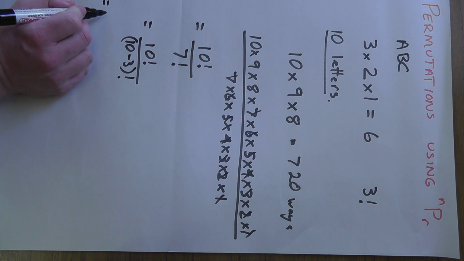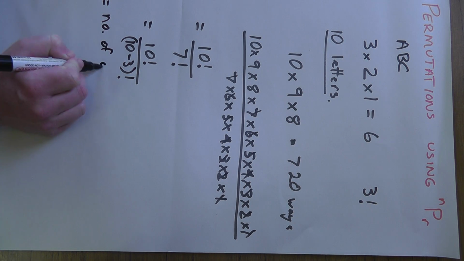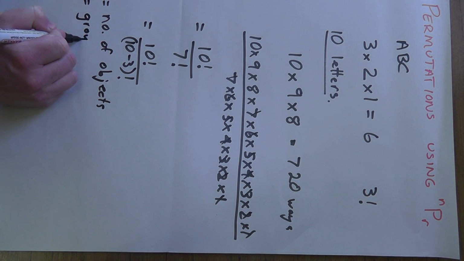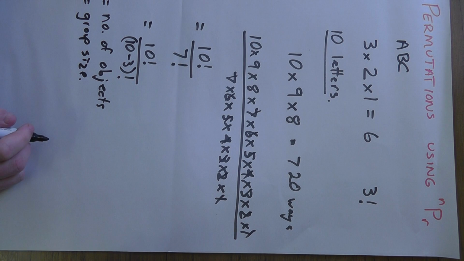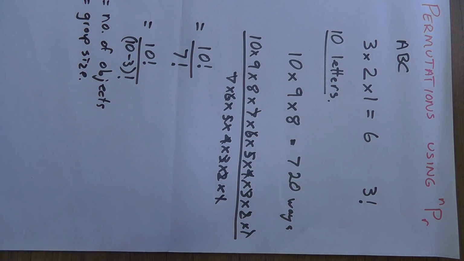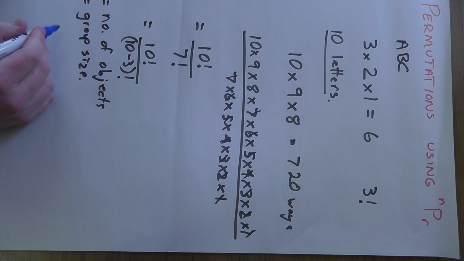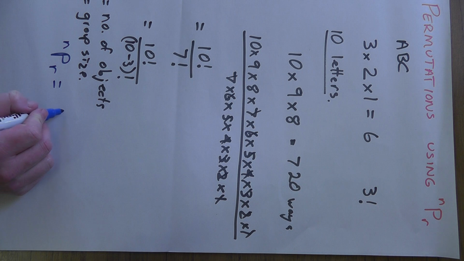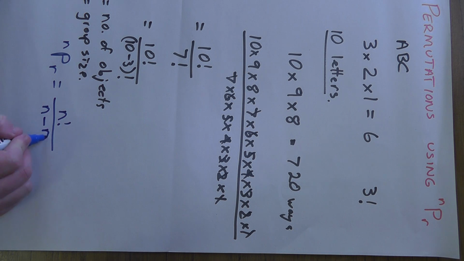N is the number of objects that we have. R is our group size. So what we effectively have is nPr equals n factorial over n minus r factorial.